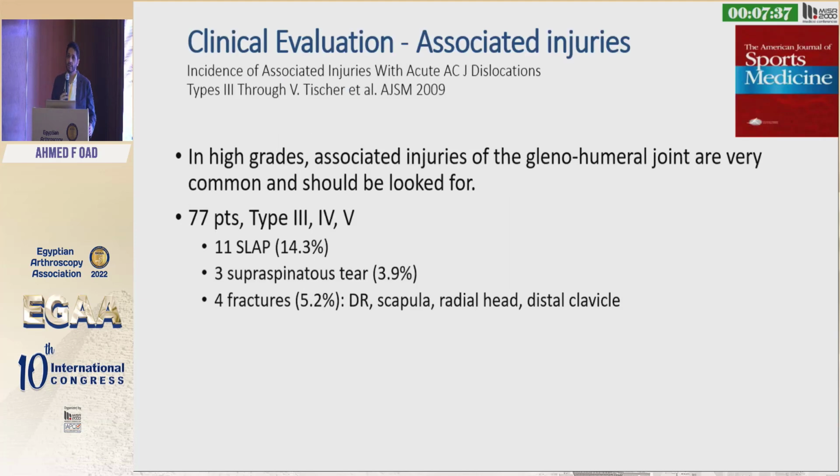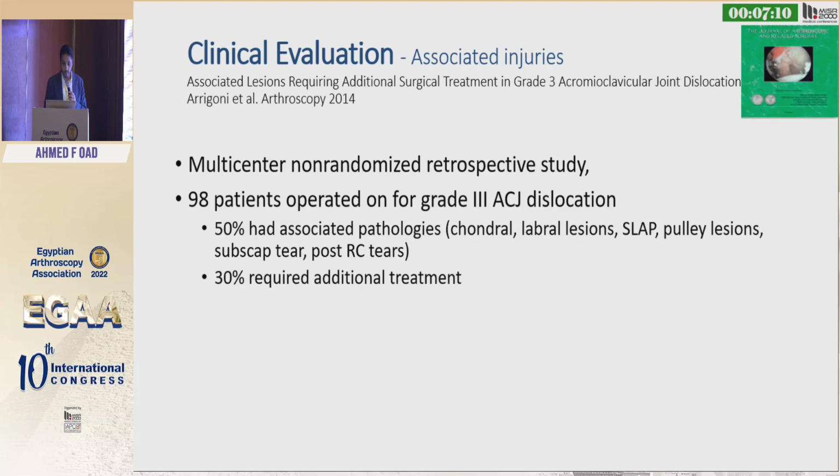Several papers have discussed the presence of concomitant injuries with the AC joint. Tischer et al. studied 77 patients with types 3, 4, and 5, and found that 14% of them had SLAP lesions, nearly 4% had concomitant supraspinatus tears, and 5% had concomitant fractures.